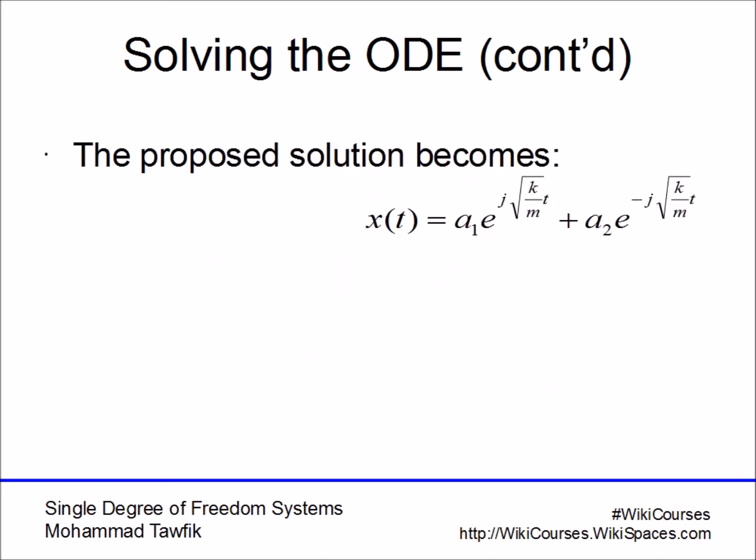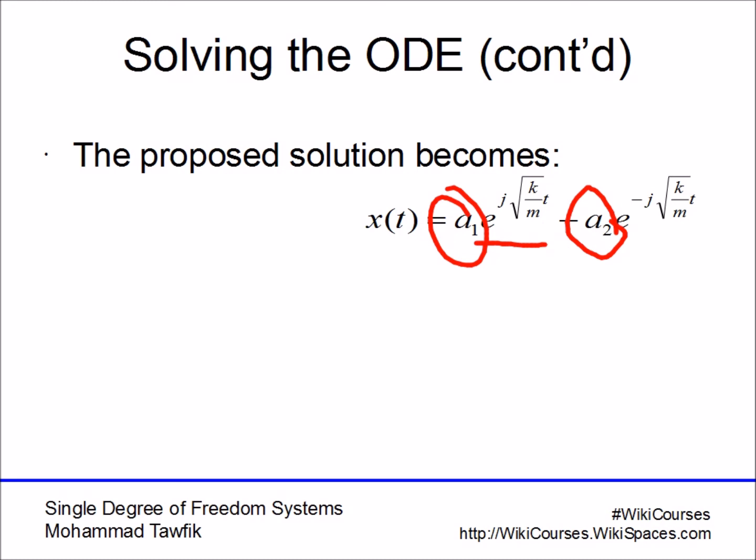Using those solutions, again, mathematicians taught us that whenever you have more than one solution, then the general solution is adding both solutions. One is positive j root k over m, and the other is negative j root k over m. So we add them. Instead of a single constant A, we end up with two constants, A1 and A2, multiplied by the exponential e to the power j root k over m t and minus j root k over m t.